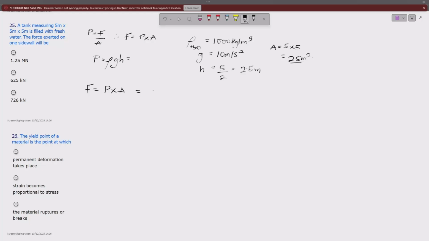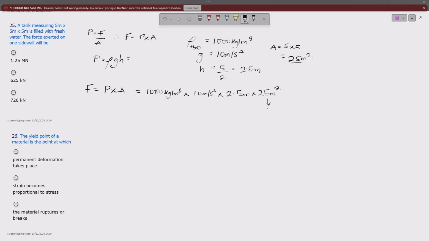That will be 1000 kilograms per meter cube times 10 meters per second squared times 2.5 meters times 25 meters squared.